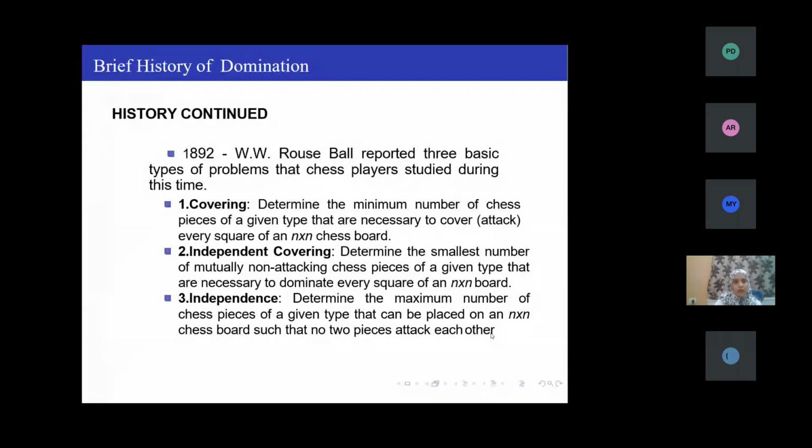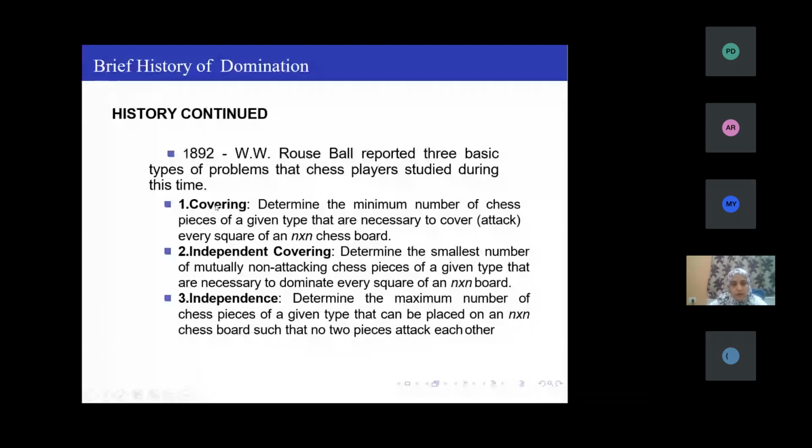Next, move on to the history. In 1892, W. W. Rouse Ball reported three basic types of problems that chess players study during this time: covering, independent covering, and independence. What do we mean by covering? Determine the minimum number of chess pieces of a given type that are necessary to cover every square of an n cross n chessboard.